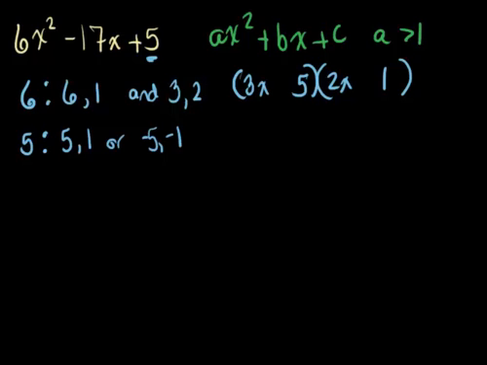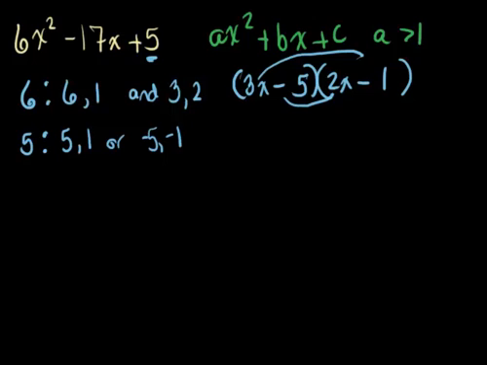Well, when you use FOIL, you have your first terms, which is going to be 3x times 2x. You have your outer and your inner terms. Well, these are going to be subtracted because this is our outer terms right here and our inner terms. So we have 3x times -1 and -5 times 2x.